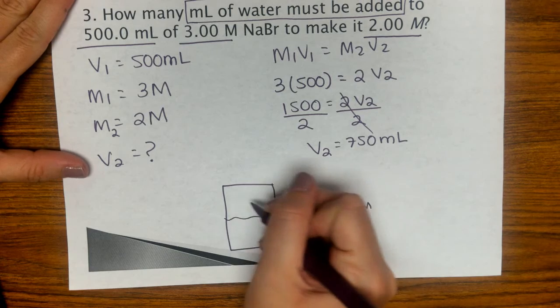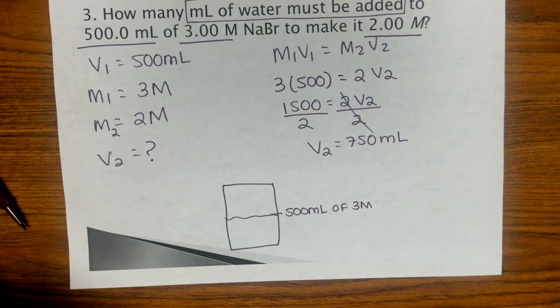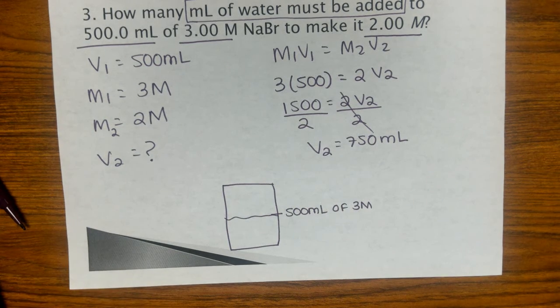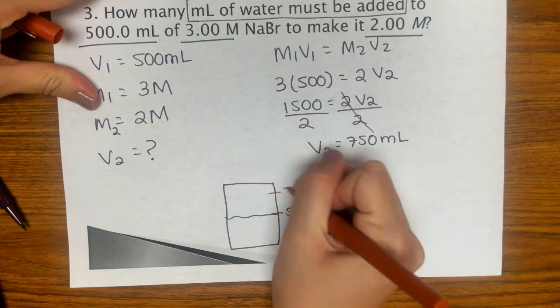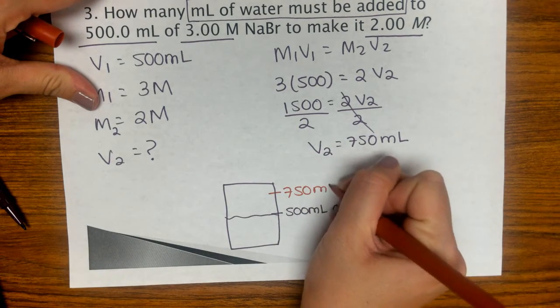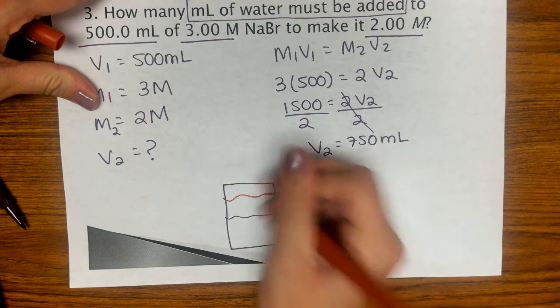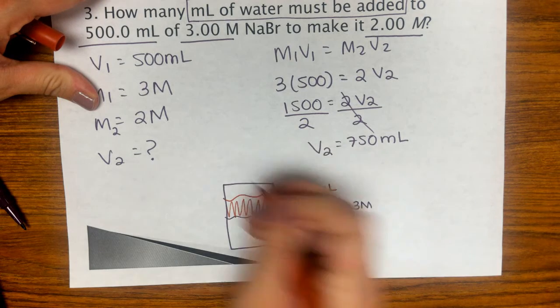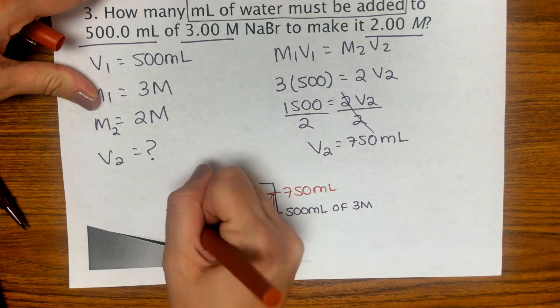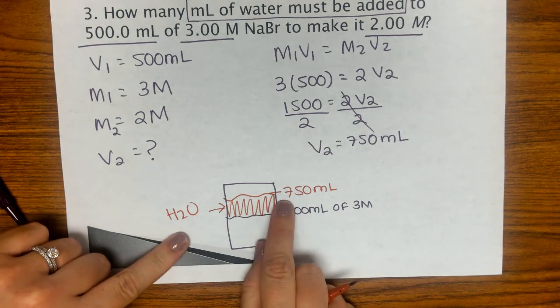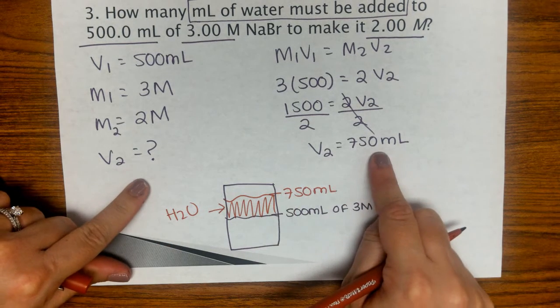And then I'm going to add water, which I'm going to use a different color. I'm going to add water to 750 milliliters. So all of this is the water that's added. So you add water until you get to your V2.